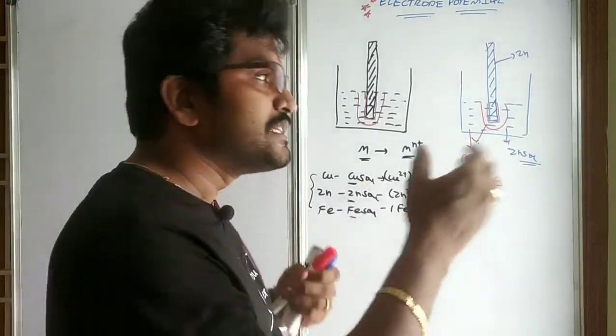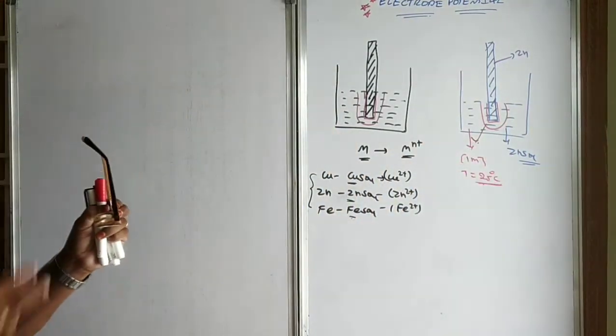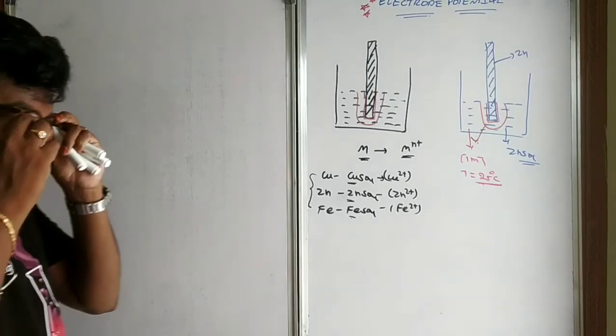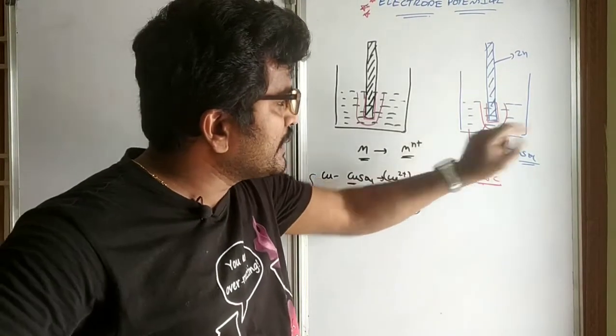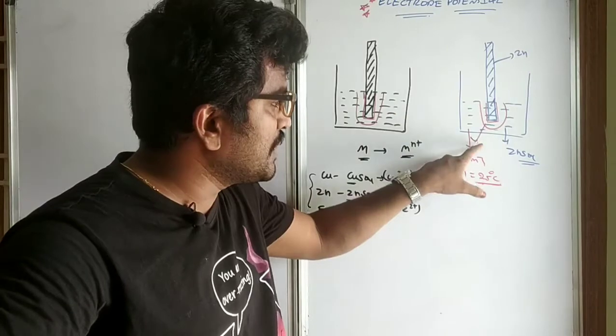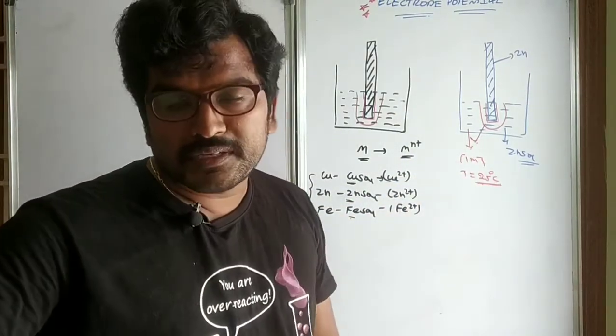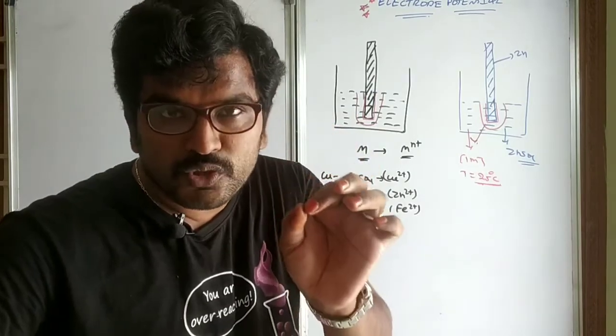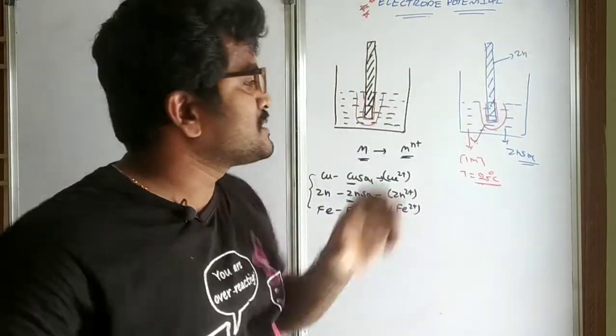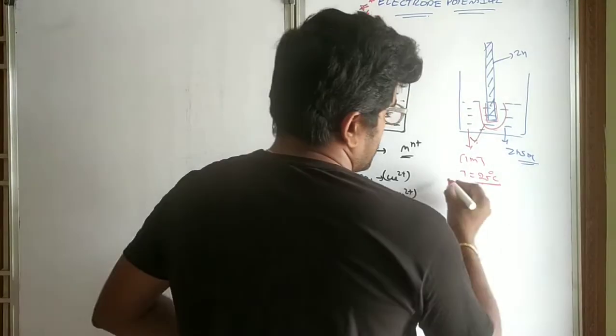Don't think that standard conditions means STP conditions. Whenever the metal is dipped in electrolytic solution having the same metal ion at 1 molar concentration and at room temperature, then that electrode potential is known as the standard electrode potential.